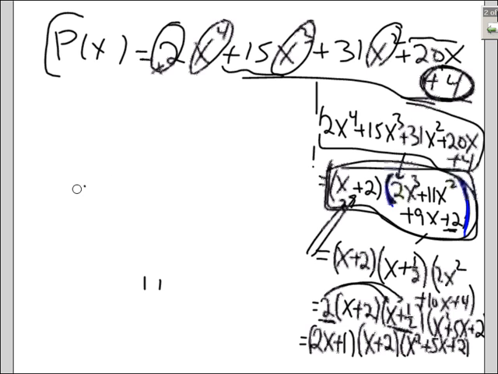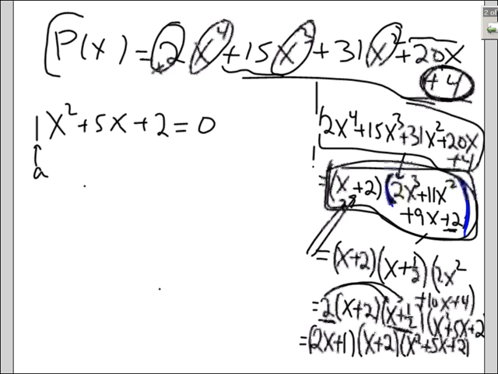So it can be 2 or it can be 4. And it's all going to depend upon x squared plus 5x plus 2. Let's find out when that equals 0.